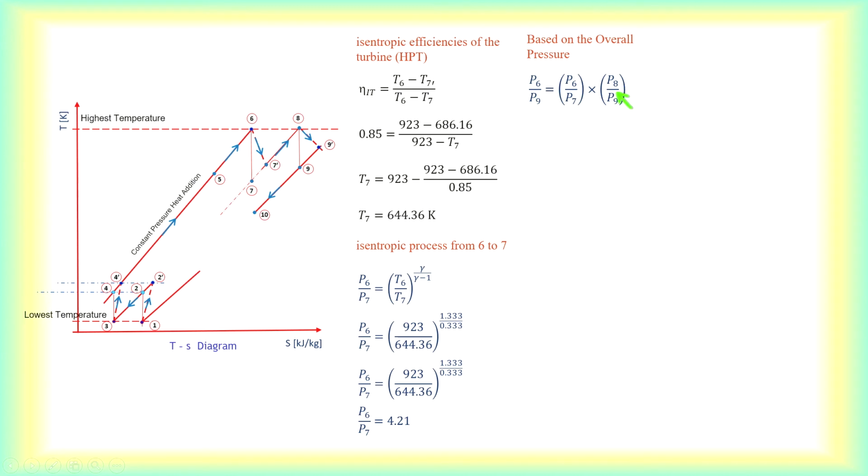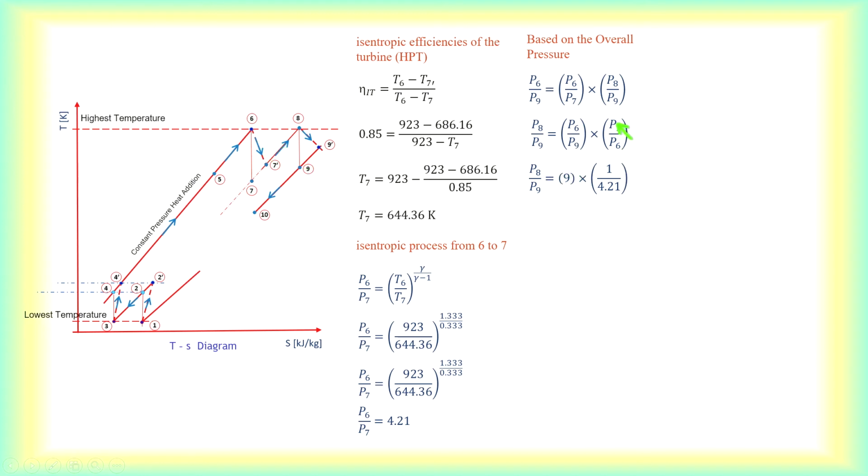That is the trick. So what we need to do is find out the P8 to P9 pressure ratio. So we know this and we know that, okay? So the P8 to P9 pressure ratio, that is our objective, so change it to be our subject. P6 to P9, given in the question, the overall pressure ratio is 9.